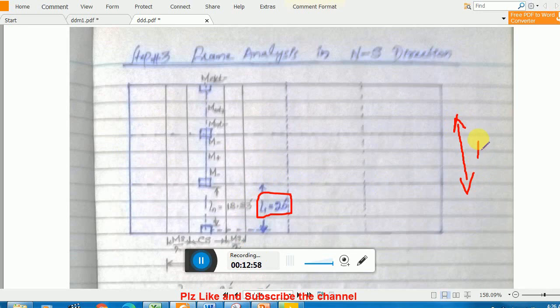So that's why L1 will now be rotated. And in the east-west direction, L1 is this direction, because our analysis direction is this way. So that's why L1 will now be this one, and L2 will be transverse to L1. So the only thing changed is the dimensions of L1 and L2.